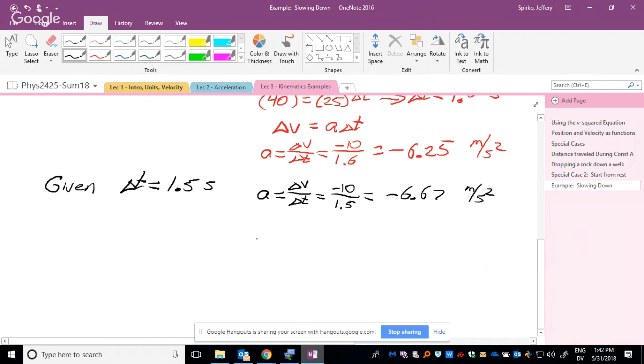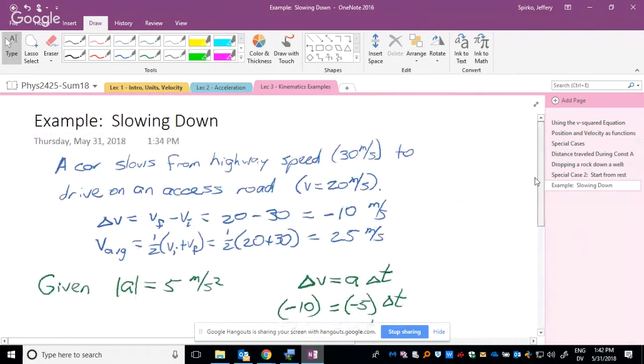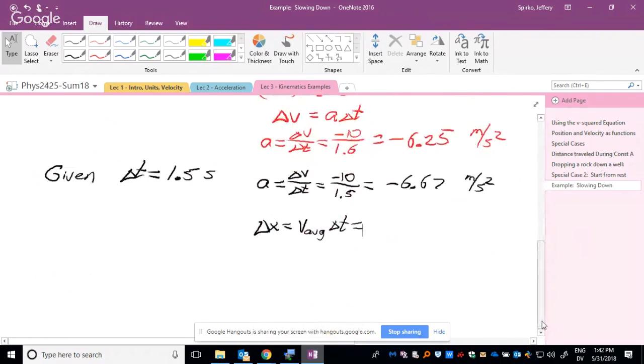And then what else don't we know? We don't know delta X. Delta X is average velocity times t. Average velocity was 25, times 1.5, is equal to 37.5 meters.